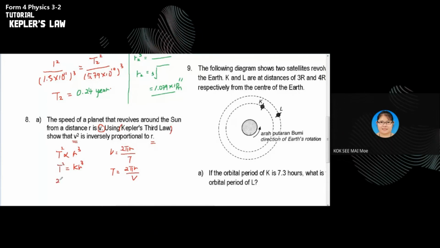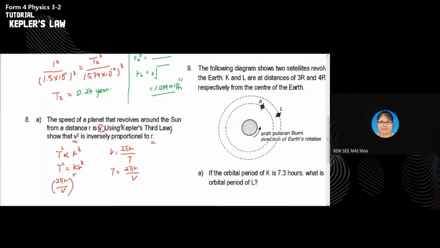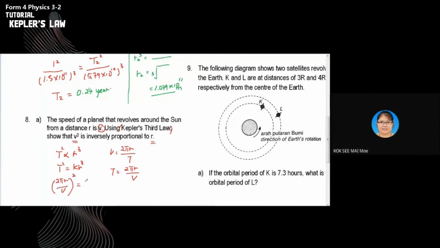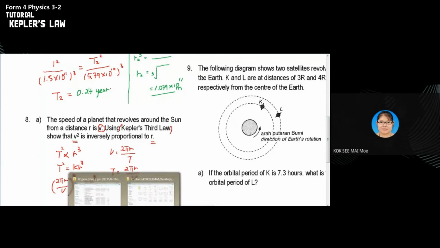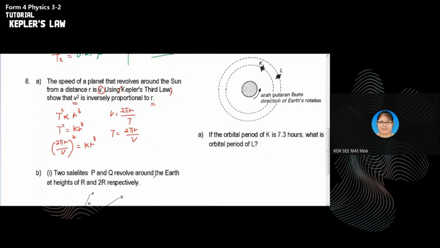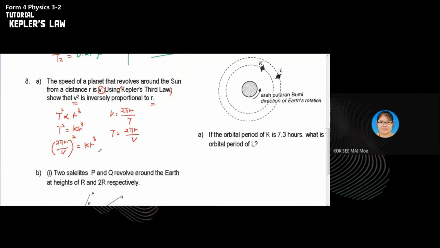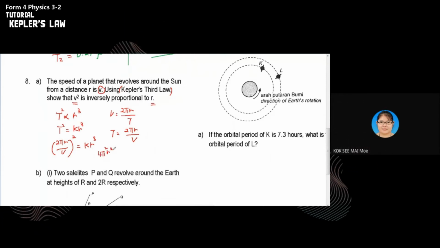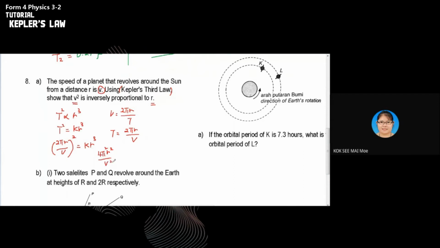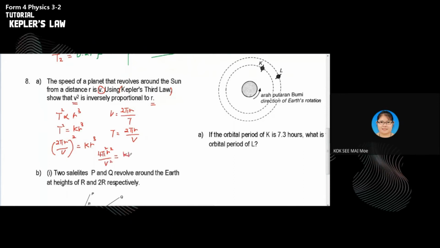So become 2 pi r over v, square, equals k r cube. K is one constant number. So later we just ignore, never mind, just put first. So now this one I want to solve first. So this one becomes 4 pi square r square, over v square, then equals k r cube.